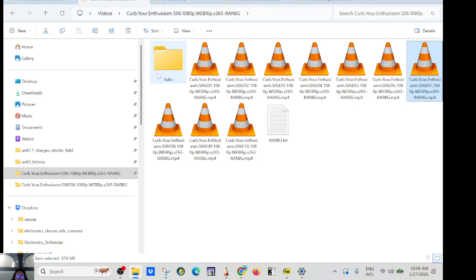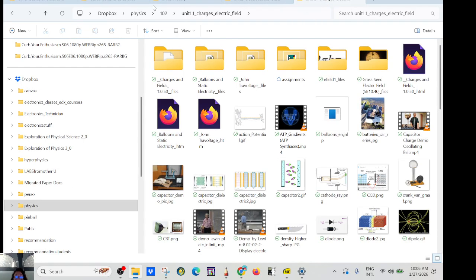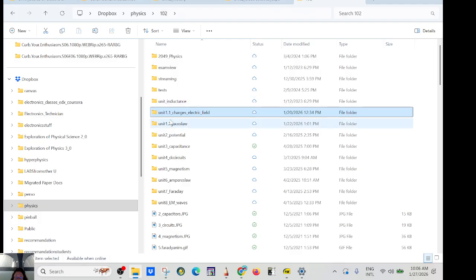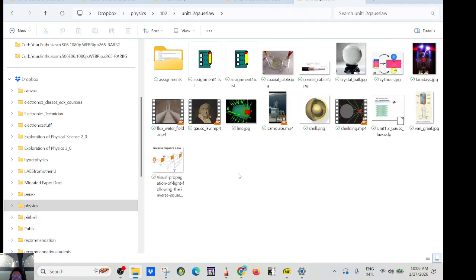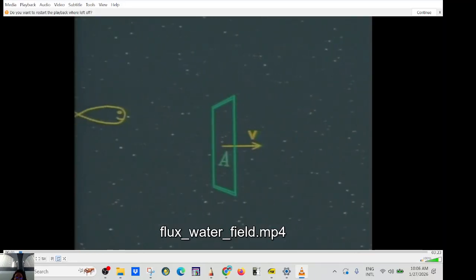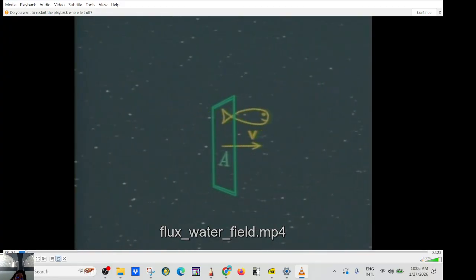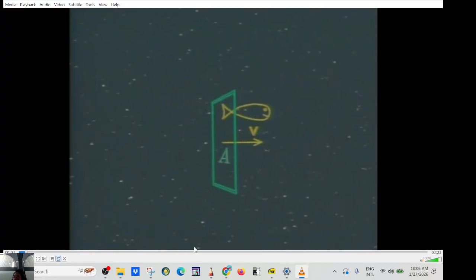So it's a mathematical concept. So let's see, I'm doing Gauss law. So that will be the flux for a fluid like water. So the same idea.